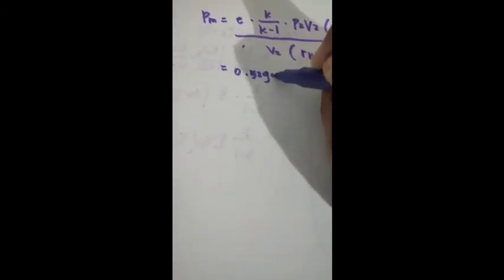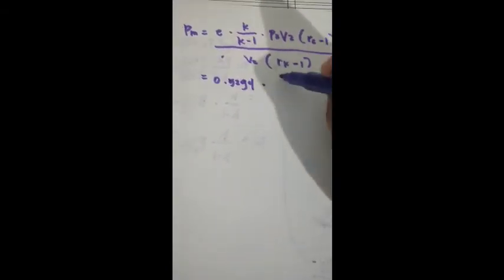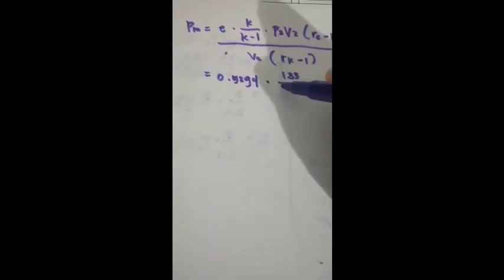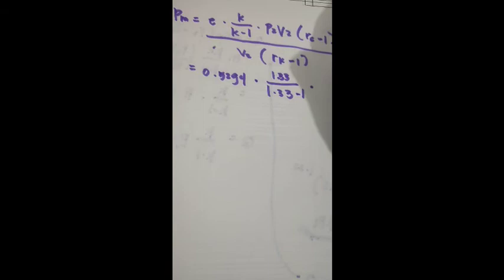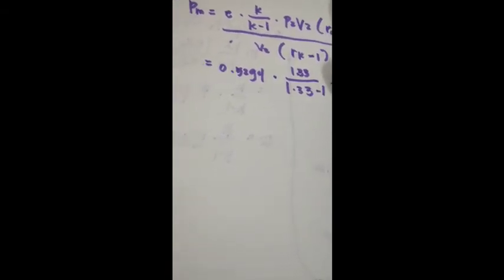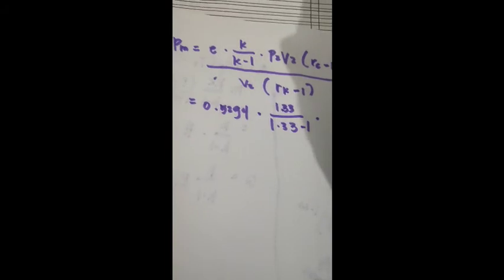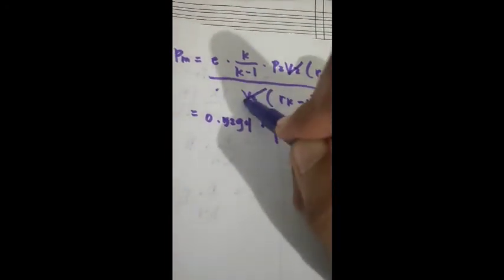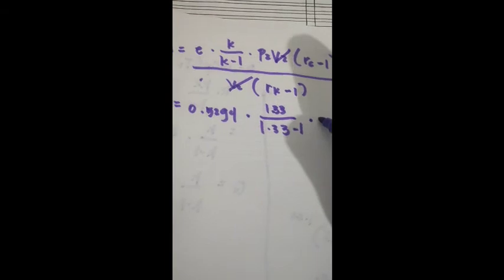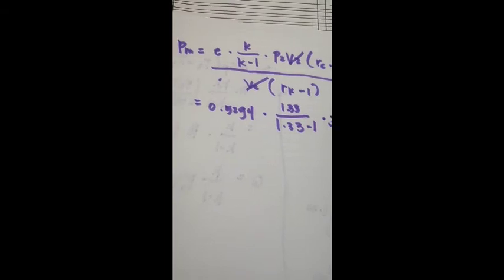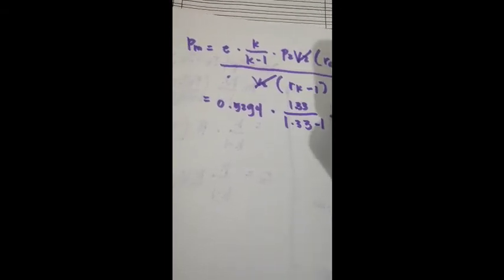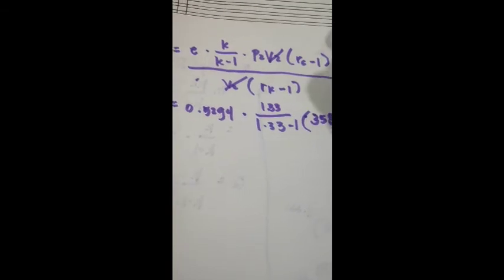So by substituting all the data, E, which is equal to 0.5294 times K, 1.33 over 1.33 minus 1, P2, which is equal to 3589. So we can cancel this volume 2. P2 is equal to 3589.088 kilopascal times Rc minus 1.